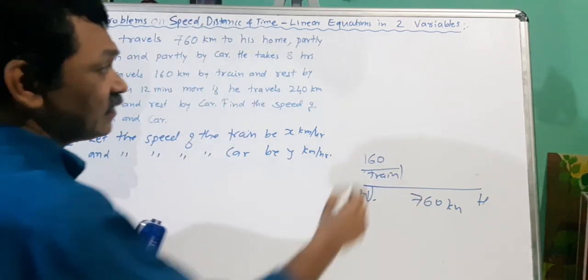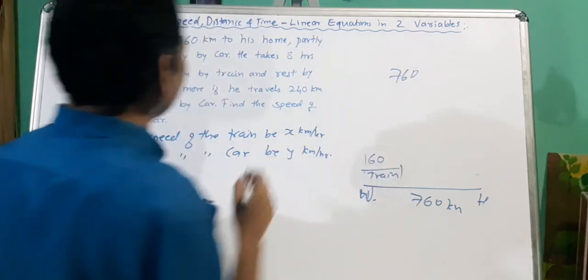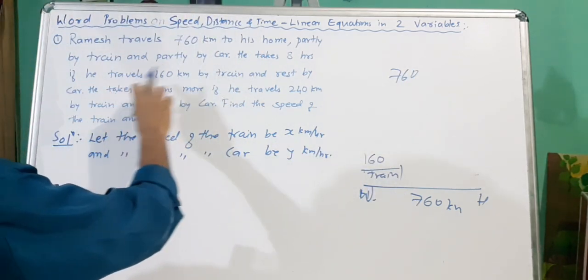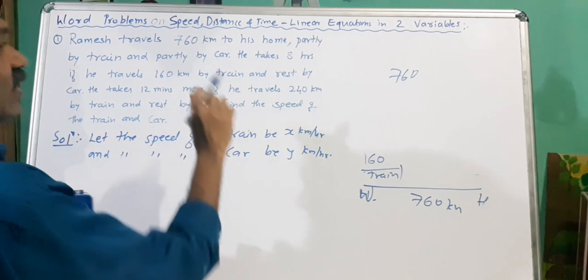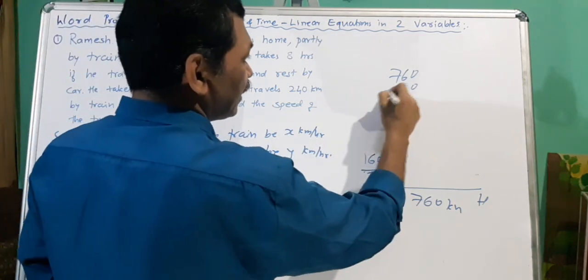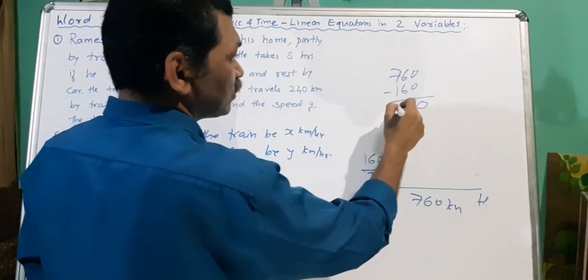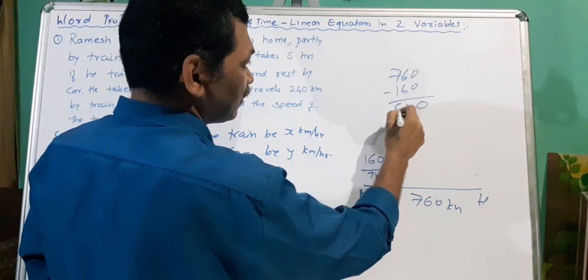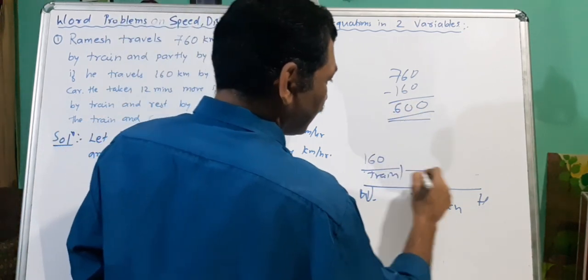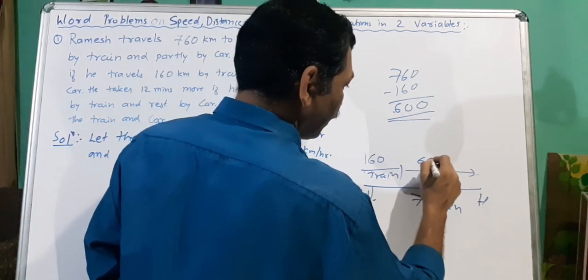So out of 760, he travels 160 km by train. What is remaining? 760 minus 160 is 600. And the remaining 600 km is by car.